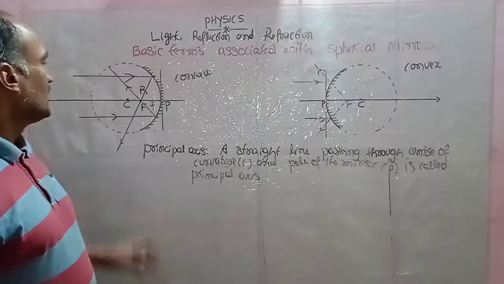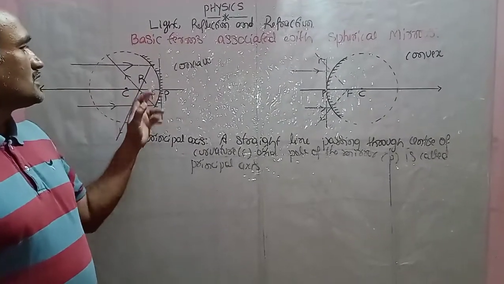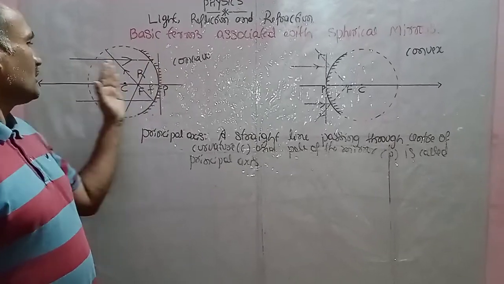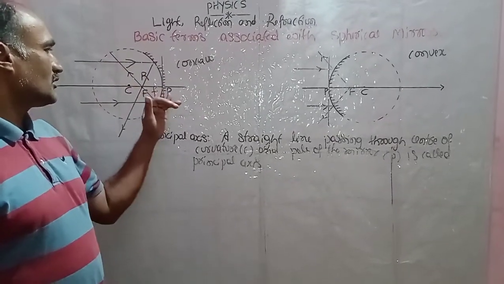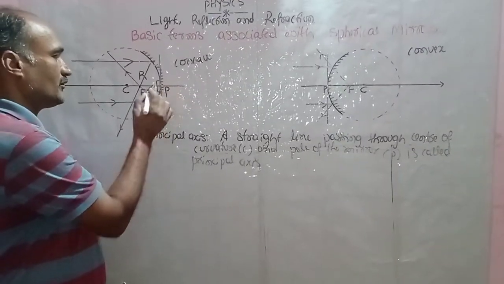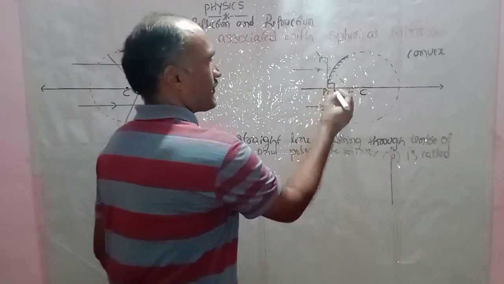Keep it in mind: this line passes through the center of curvature and the pole of the mirror, and it is always perpendicular to the mirror, so it forms 90 degrees.